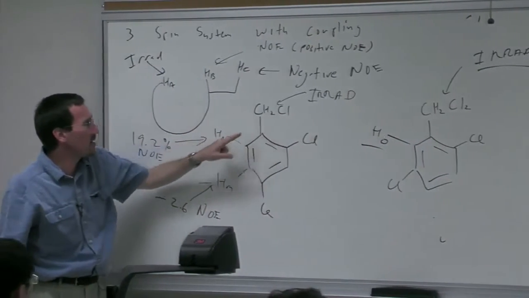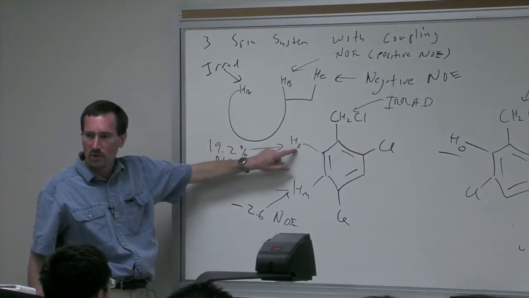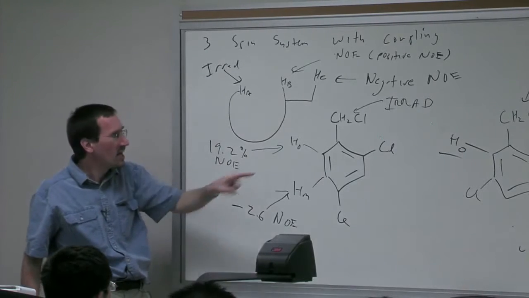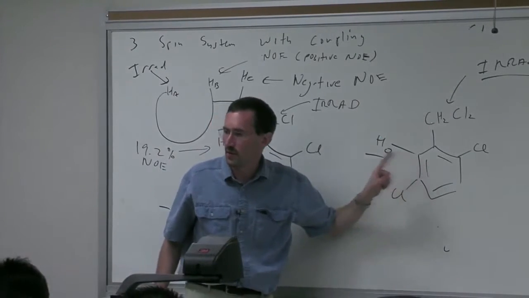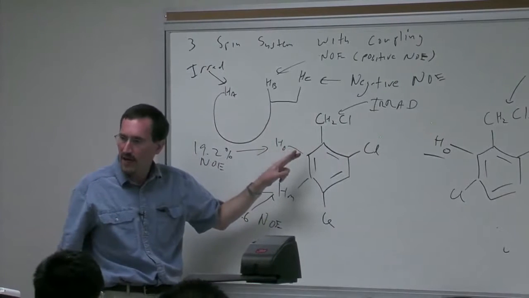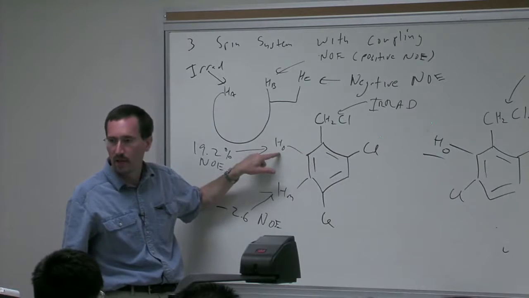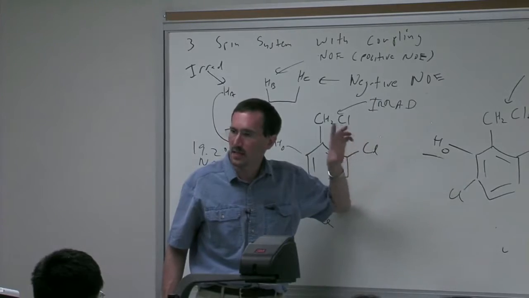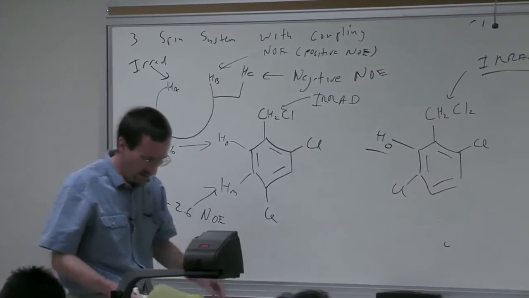If you irradiated over here in this molecule, you would see this ortho proton enhanced, which would be a doublet with ortho coupling. So even if the spectra of these two molecules, the 2,4 and the 2,5 isomer, were very similar in chemical shift, you'd be able to tell from an NOE experiment which isomer you had by telling whether it was a doublet of 8 Hertz being enhanced or a doublet of 3 Hertz being enhanced. So that's an example immediately that I can hand you of a utility of an NOE experiment.